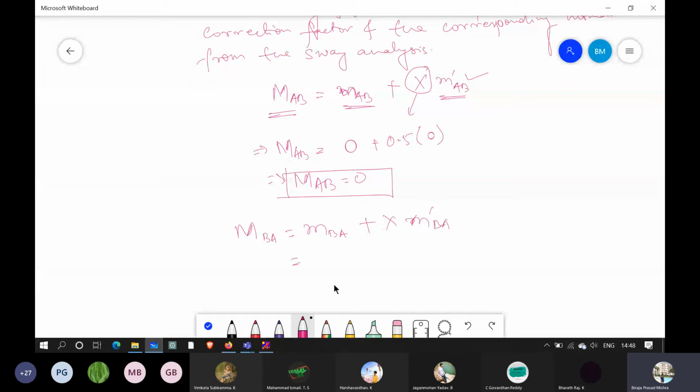It is 64.97 plus 0.5 into minus 30.04. So the value is coming as 49.95 roughly. This is MBA.